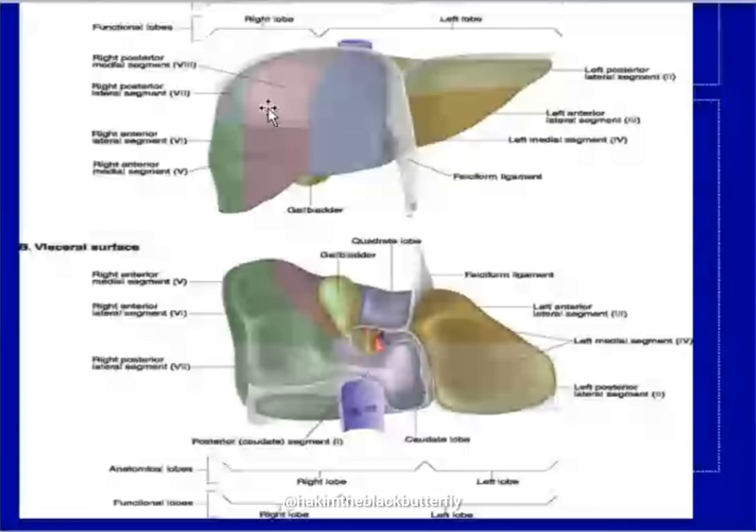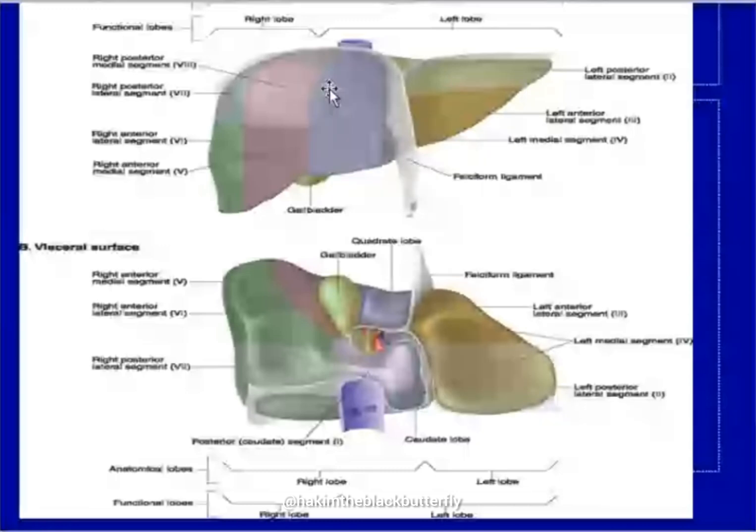So the boundary of the functional lobes is here between the gallbladder and the vena cava. It is imaginary. So when you make an imaginary line from this point of the gallbladder and take it up to that point where you see the inferior vena cava, this imaginary line is the boundary between the left functional lobe and the right functional lobe.